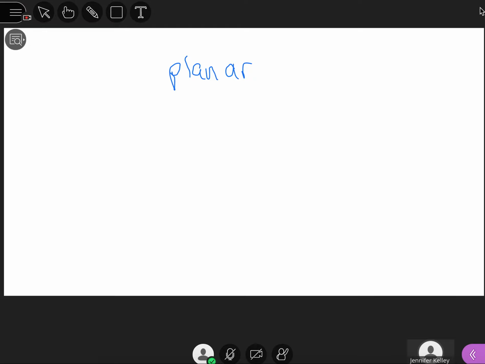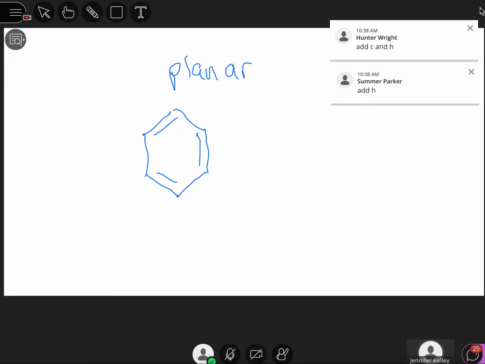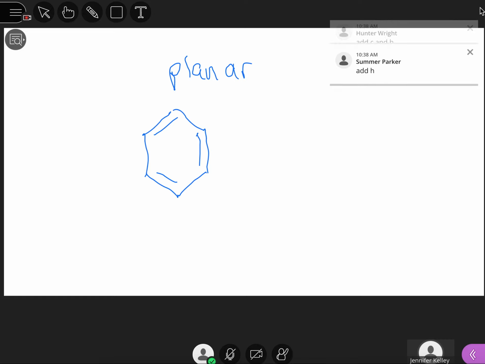So if you're looking at a molecule like this, what's the first thing that I need to do? I'm going to add the hydrogen that are missing, right? All right, so I'm going to add the hydrogen.